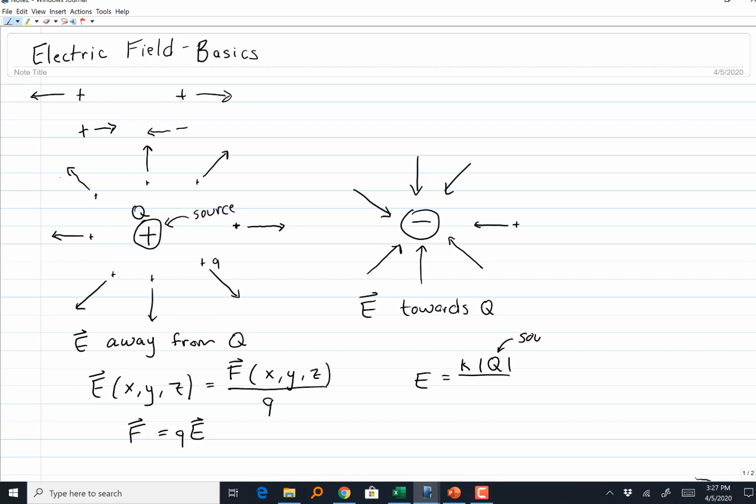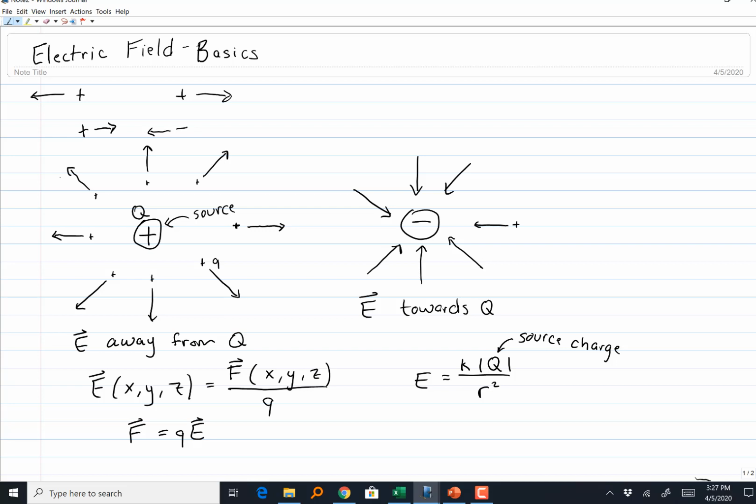Again, this is my source charge, all divided by the distance between the source charge and whatever position we happen to be looking at, and we're noting that with the same variable as before, r, and that's going to give us our distance.